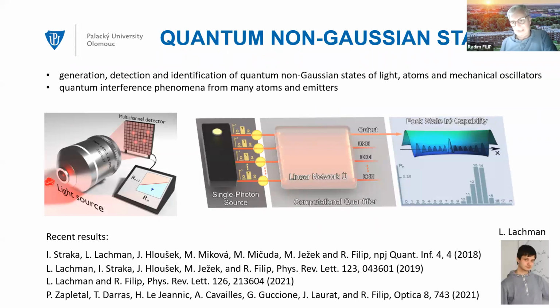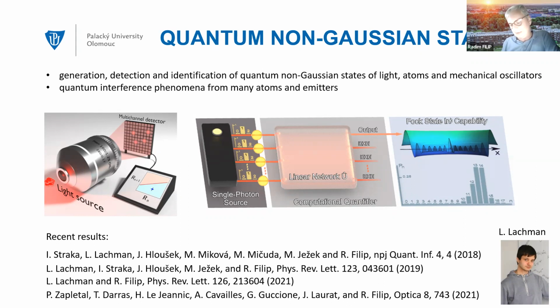First, maybe a bit about the basics of these quantum non-Gaussian states. This is research which I basically started about 20 years ago when I finished my PhD. At the beginning it was very theoretical. There were more or less no experiments at that time with non-Gaussian states, except a few experiments with trapped ions and superconducting cavities in Paris.